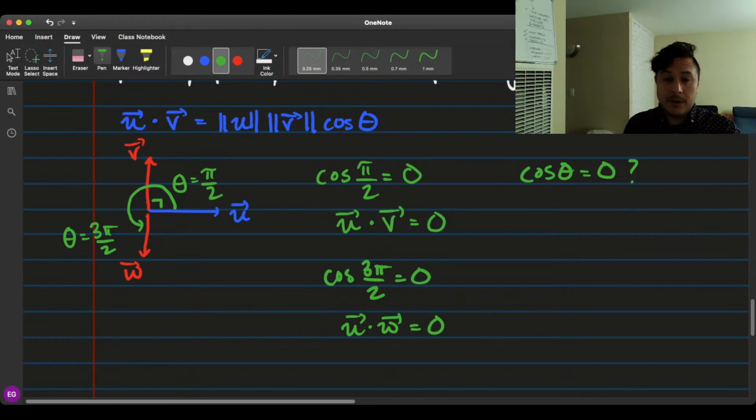Okay, so you can draw a little right angle right here. When two vectors form right angles with each other, we call those orthogonal vectors.